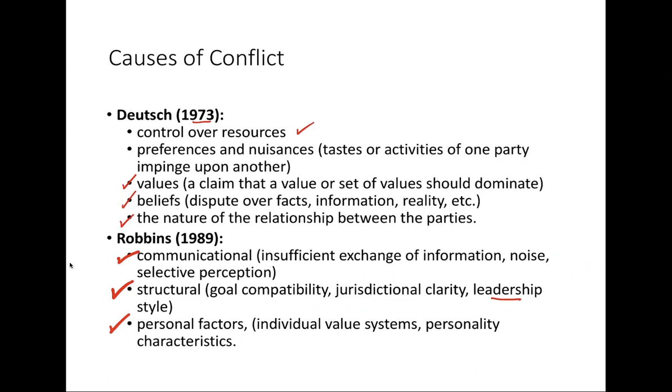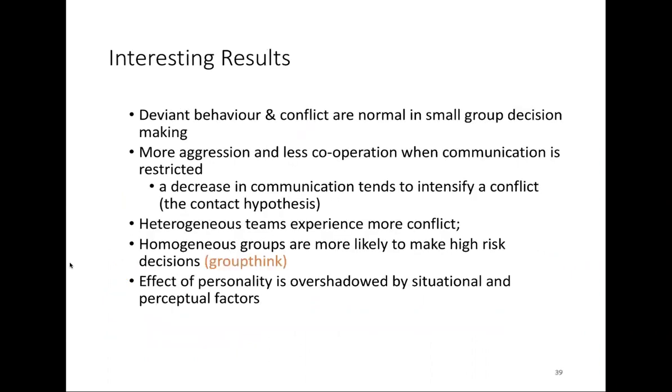Whatever the different causes of conflicts, some interesting results were claimed: that behavior and conflict are normal in small group decision making. Also, there is more aggression and less cooperation when communication is restricted. So we also noted that a decrease in communication tends to intensify a conflict.